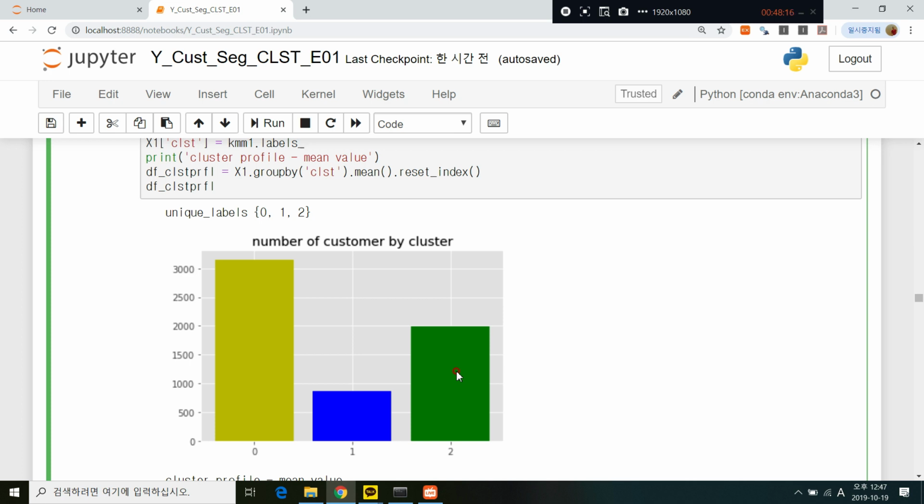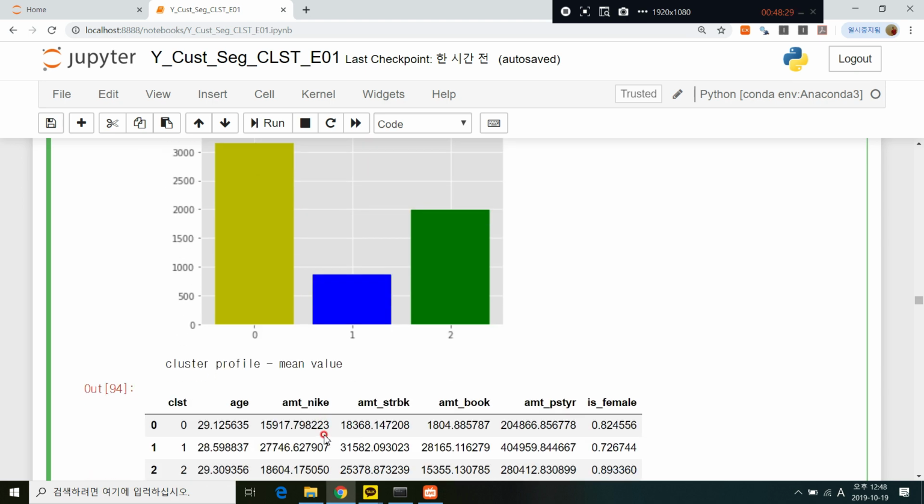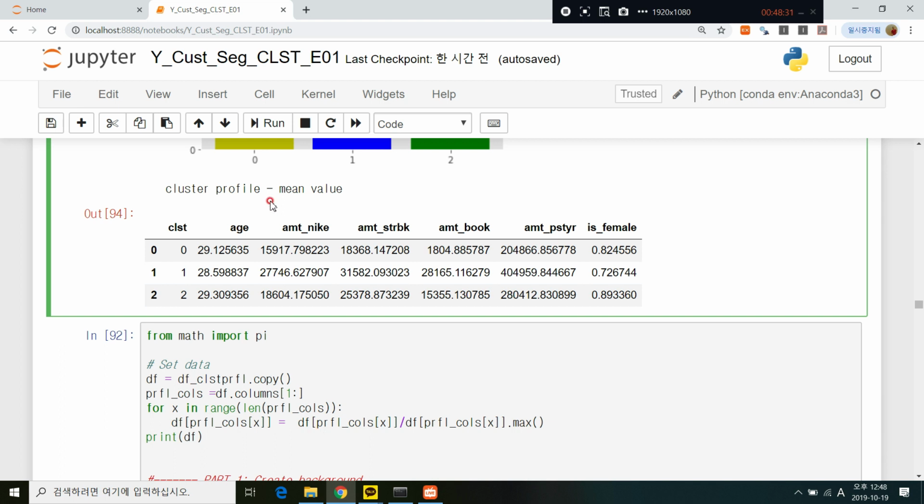We can easily see that cluster 0 has many customers, and cluster number 1 has a relatively small number of customers. Profiling will be aggregated for each group with the mean function.